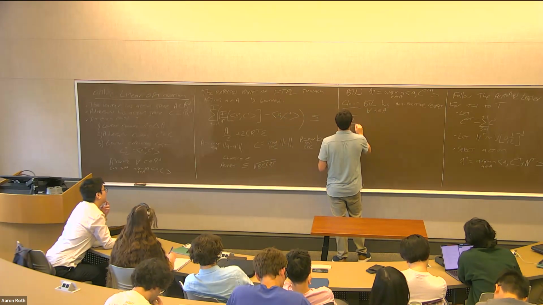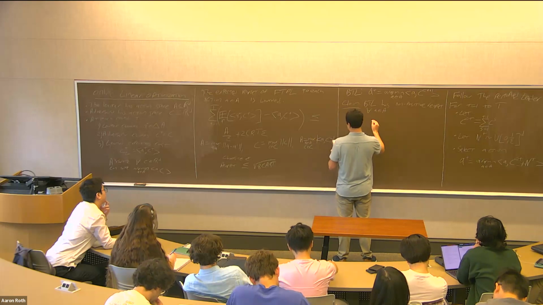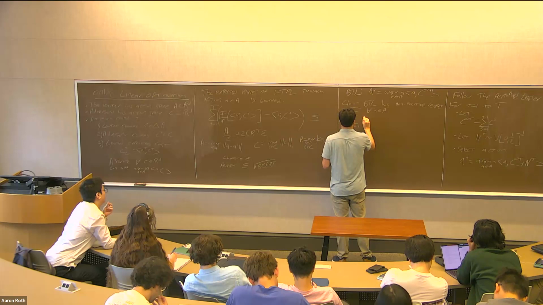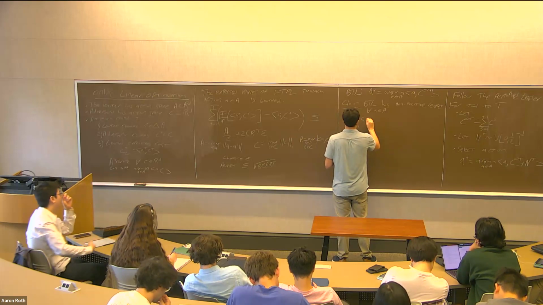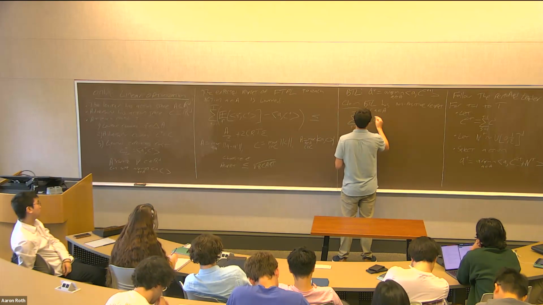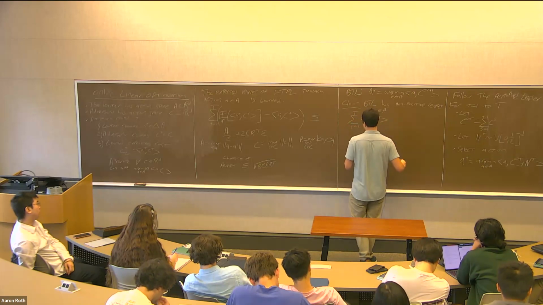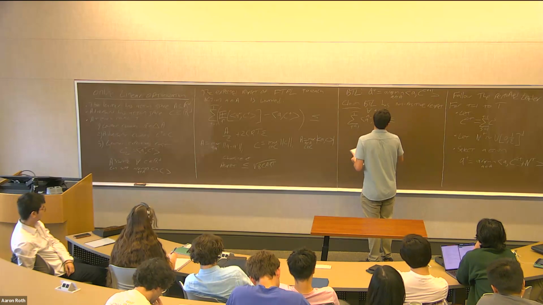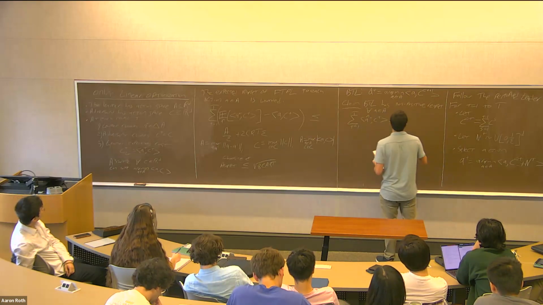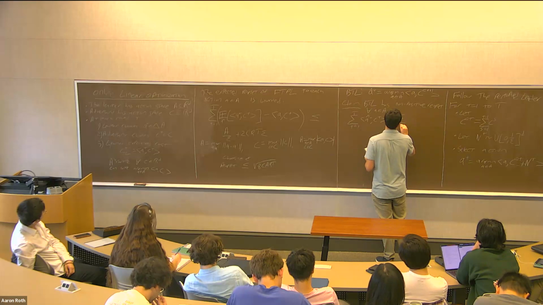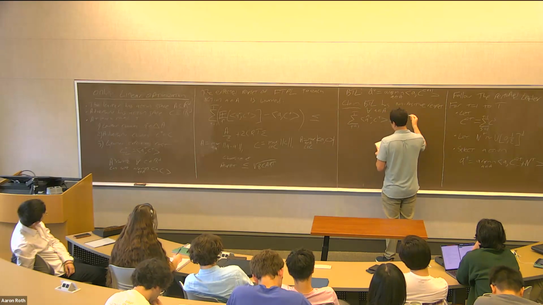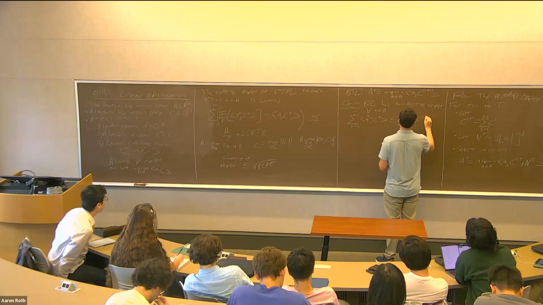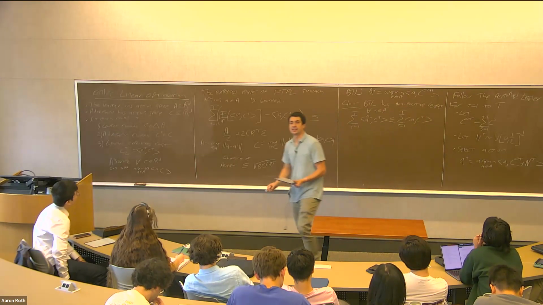If I look at the accumulated cost of be the leader, so the sum over all of the days of a hat t inner product with ct, the cost of be the leader, no matter what happens, no matter what sequence of cost vectors is realized, this is only smaller than the sum over all of the days of the accumulated cost of any fixed action A. Okay, so this is great.